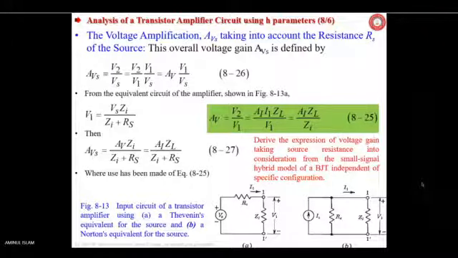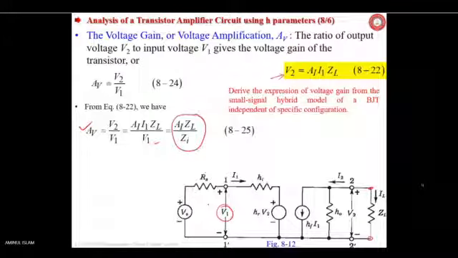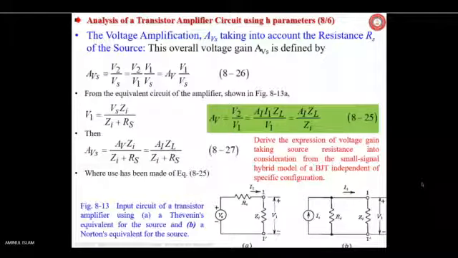Now, so far we are not considering the source resistance. Without considering source resistance, we have started the discussion. Now we'll take the source resistance into account and calculate AVS, the voltage gain with source resistance taken into account. So that will be V2 by Vs, from here to here.